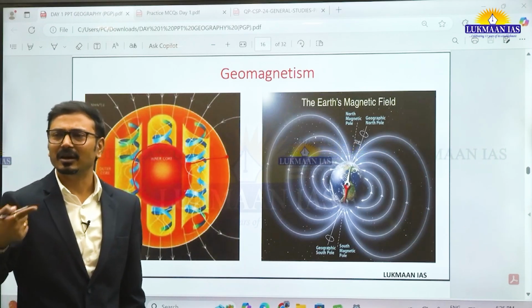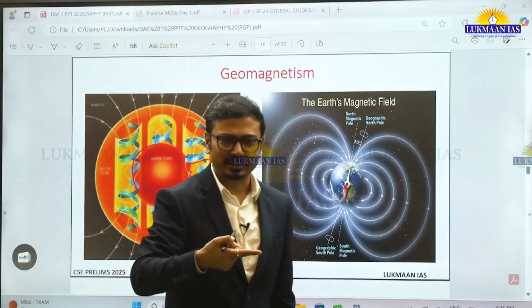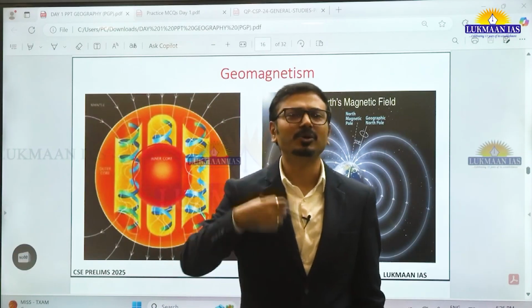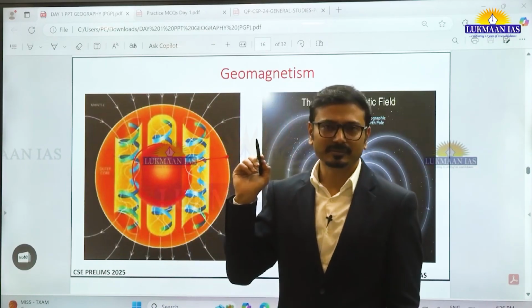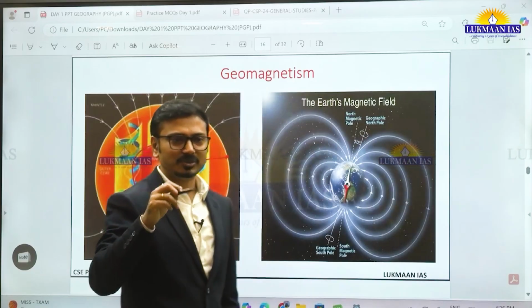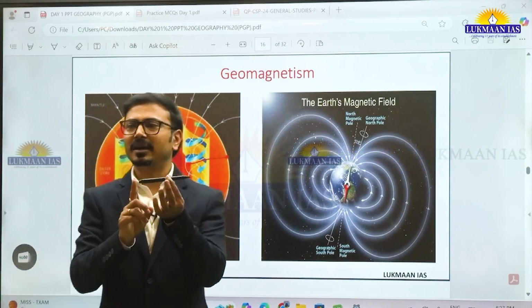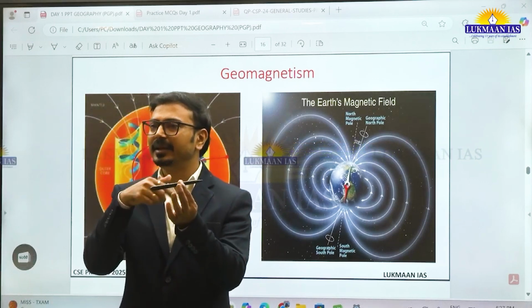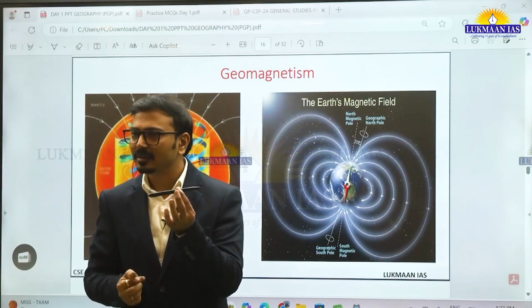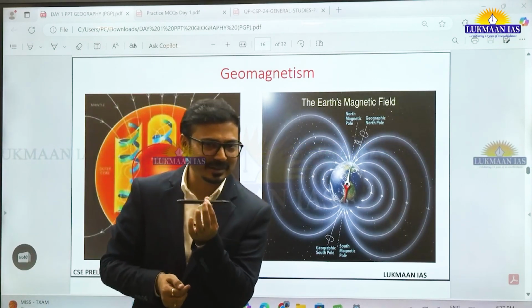Simply, a charge flowing inside a conductor produces a magnetic field around it. When the current is passing through the conductor, it creates a magnetic field around it. It is the magnetic effect of electric current.